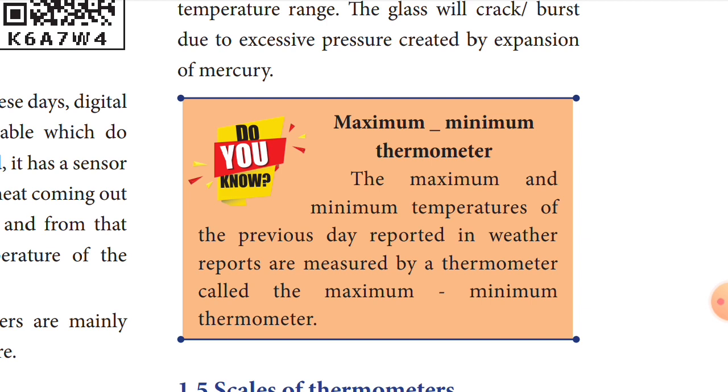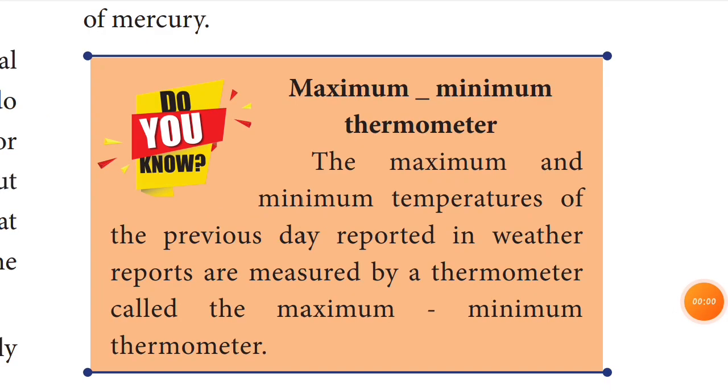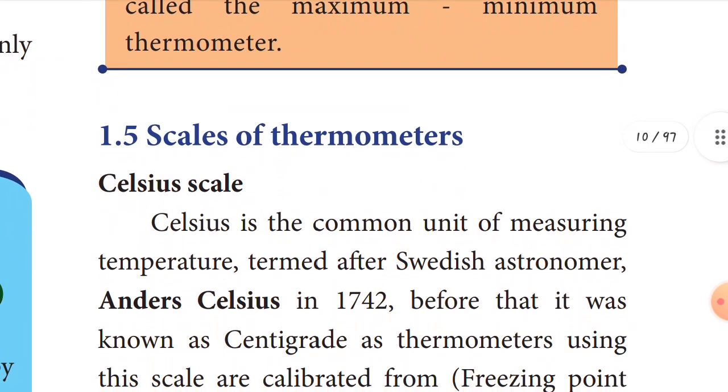And the maximum and minimum thermometer: we take small ranges with the clinical thermometer and high ranges with the laboratory thermometer. The maximum and minimum temperatures in the previous day's weather reports you see on news channels are measured by the maximum and minimum thermometer.